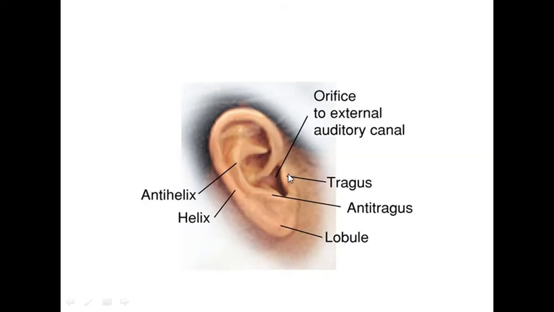Now come to this section which is attached to the head. Here we can see a little projection known as the tragus. This is the tragus, which is present near the opening of the external auditory canal, right?